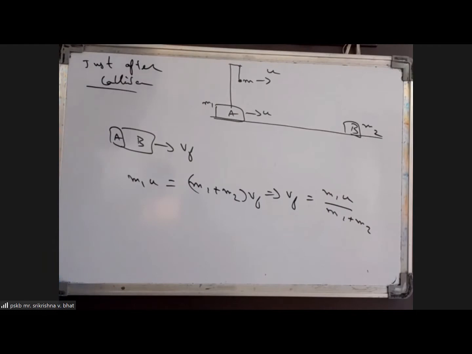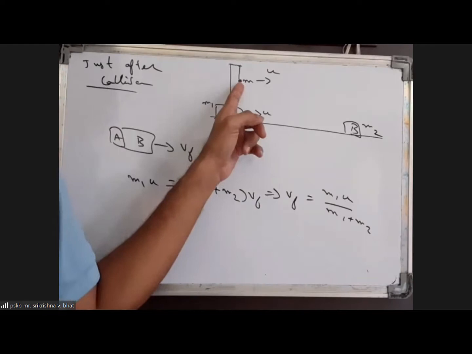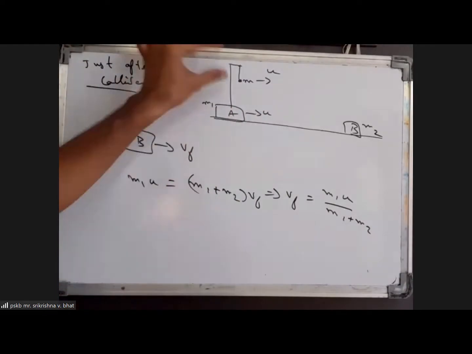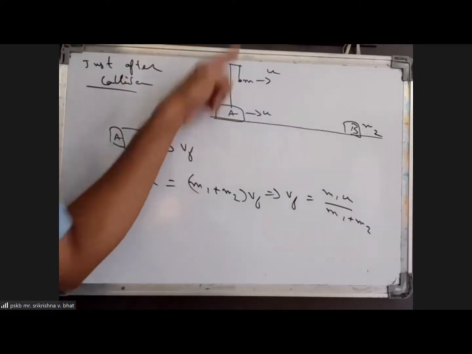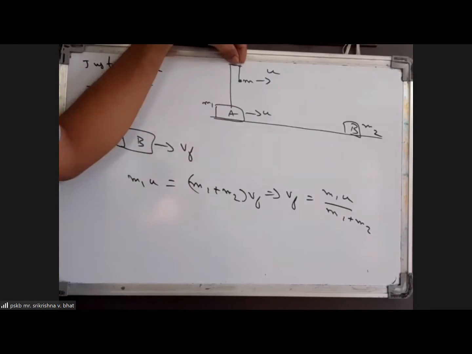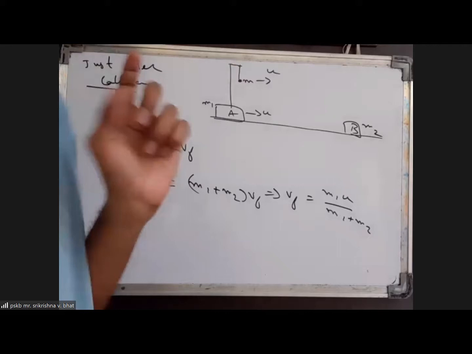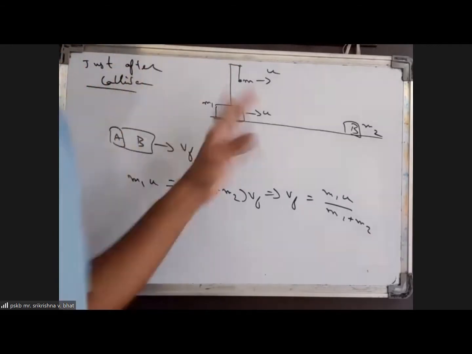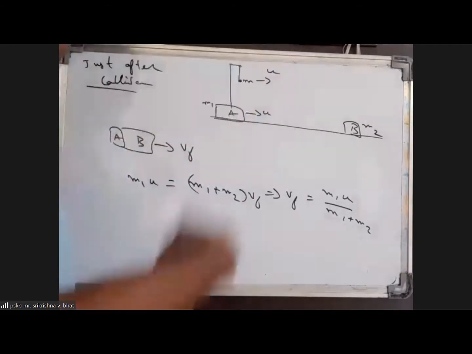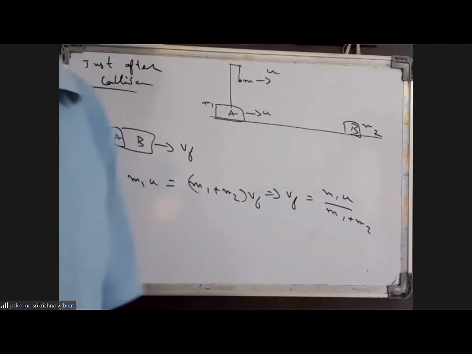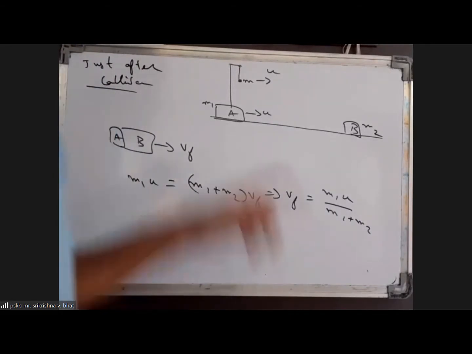You must have noted that while using momentum conservation, I did not take into account the small ball of mass m. Why? Because the small ball is attached to the top of the pole by an inextensible string of length L, and since the string is initially in vertical position, no impulse is developed in the string.